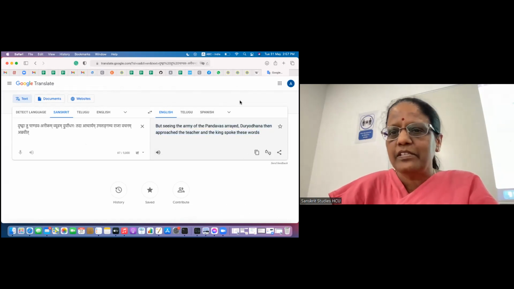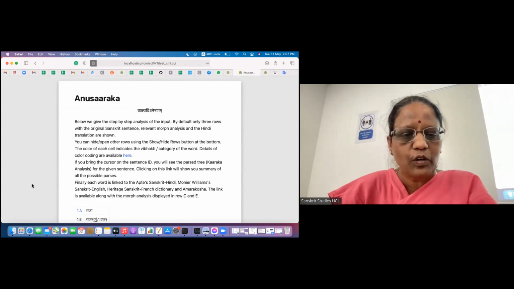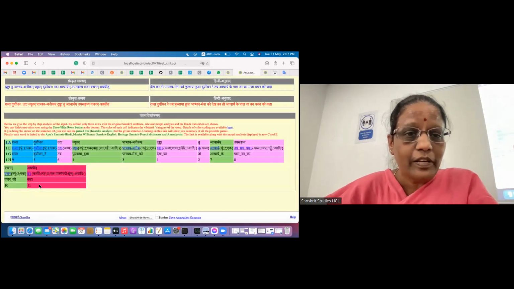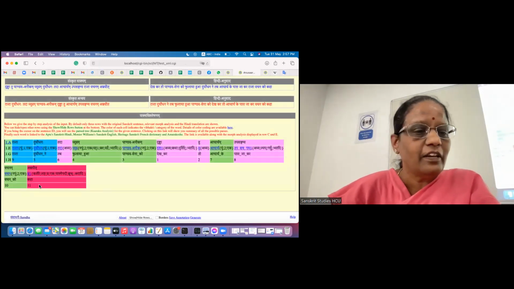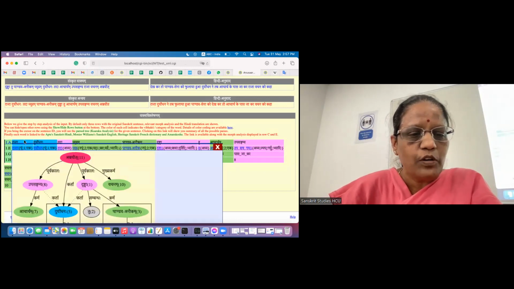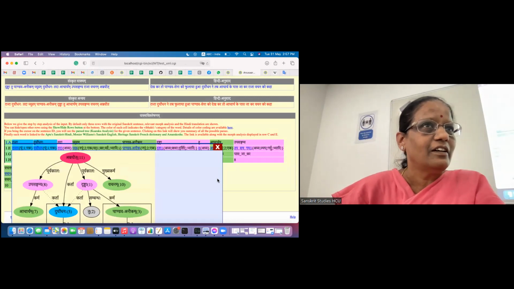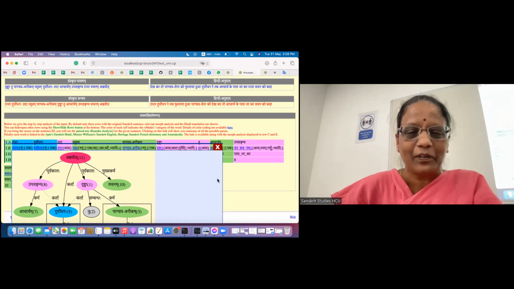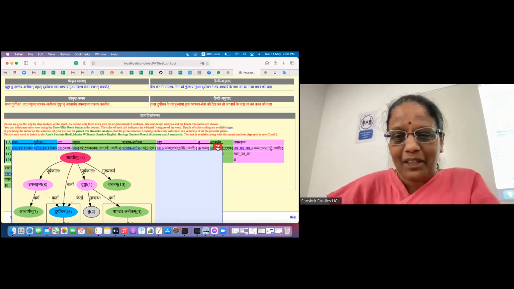And let me see what my machine has produced. Okay, I do not have the English translation, but it has produced. Can you read Devanagari? Or no, you cannot. Then I will have to switch to Roman script.